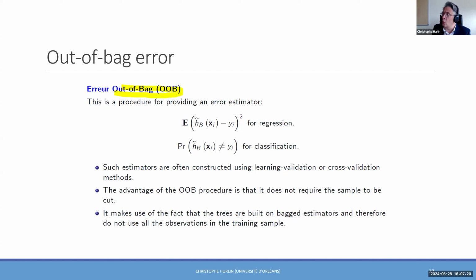So we want to compute an error. An error for regression in general is a mean square error, okay? Or for a classification, it is the probability that the decision you take, 0 or 1, is different from the true 0 or 1 observed for individual i, okay?